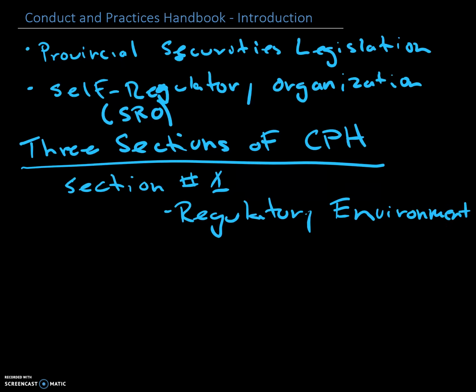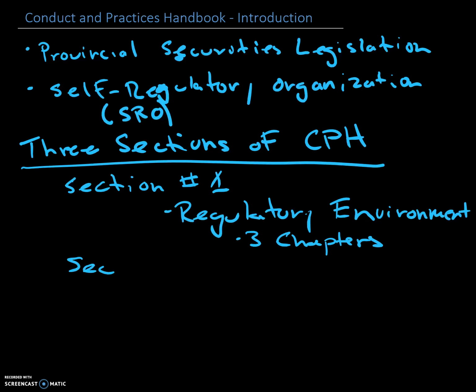One is on the Canadian Securities Industry Registrant Code of Ethics and Standards of Conduct, then regulations of the securities industry, and the regulations of the industry participants. So 3 chapters.